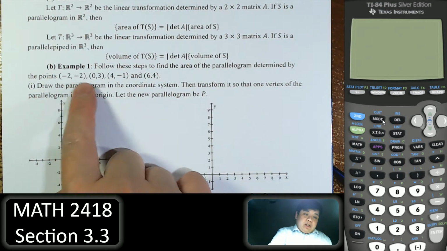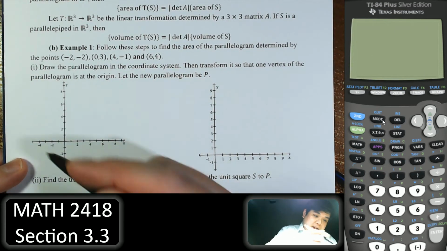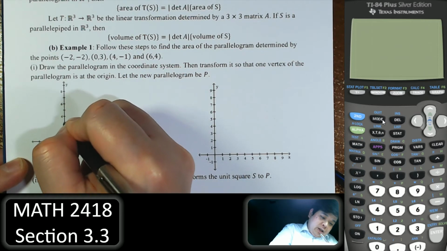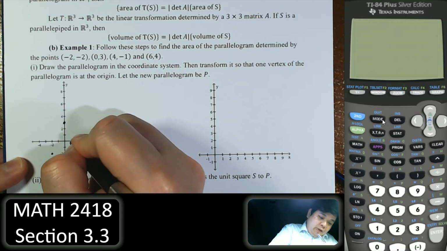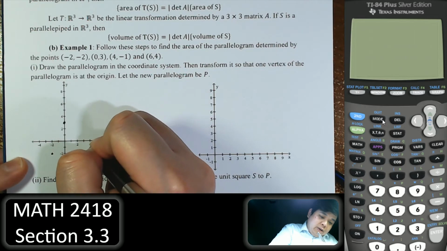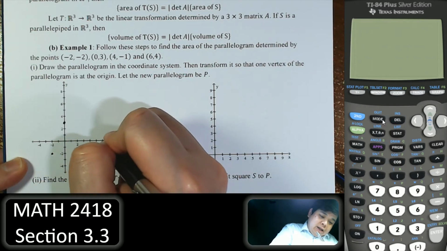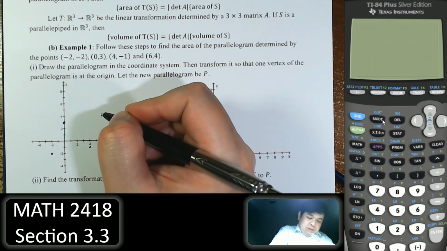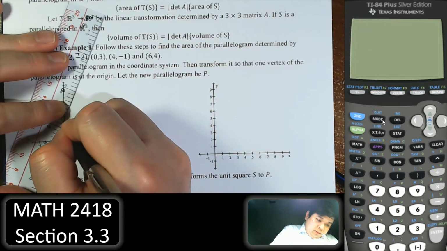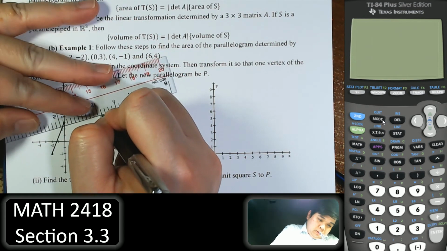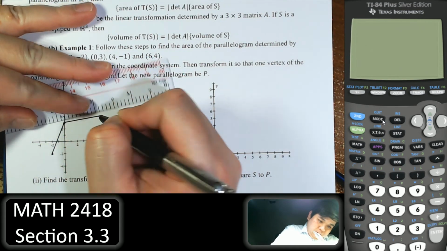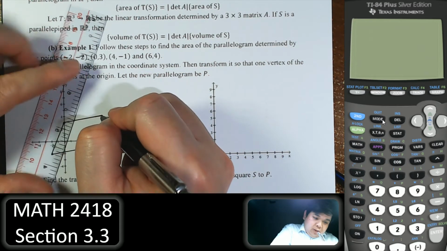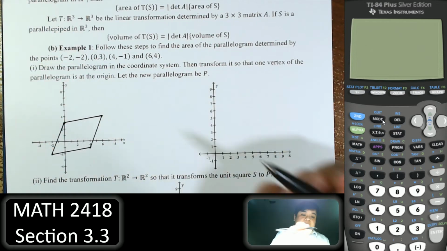So first I will plot these points: -2, -2, 0 and 3, 4 and -1, and 6 and 4. So that is the parallelogram.